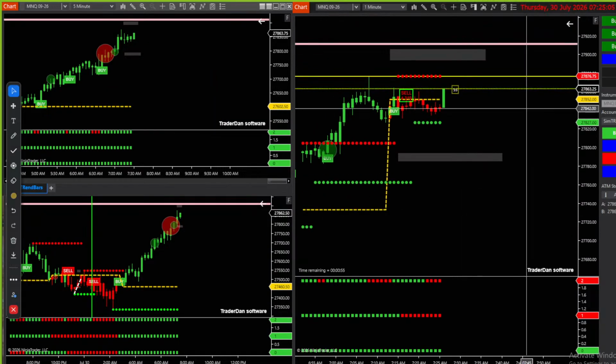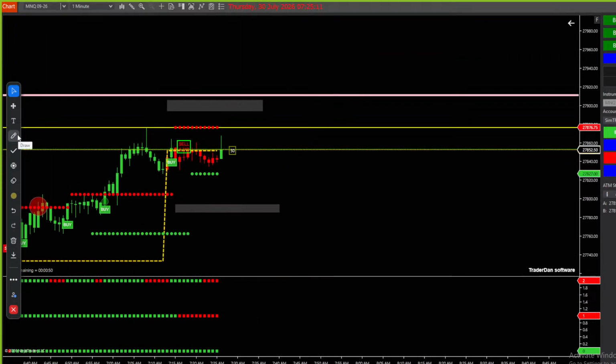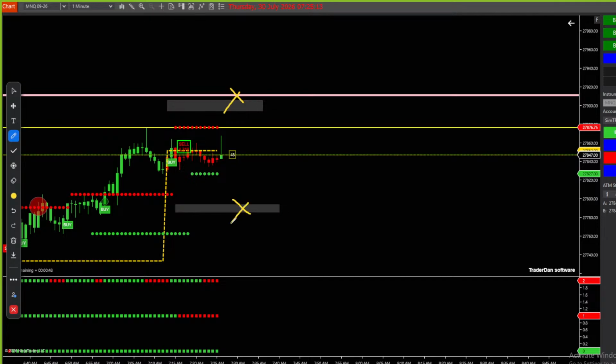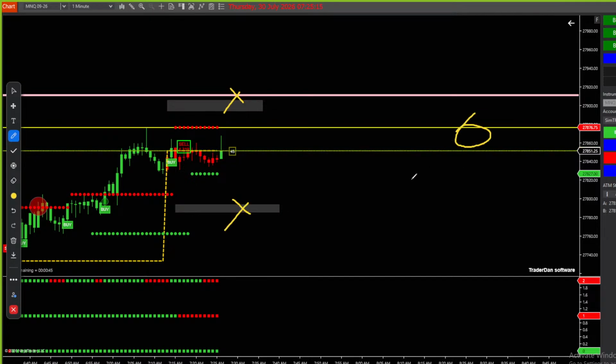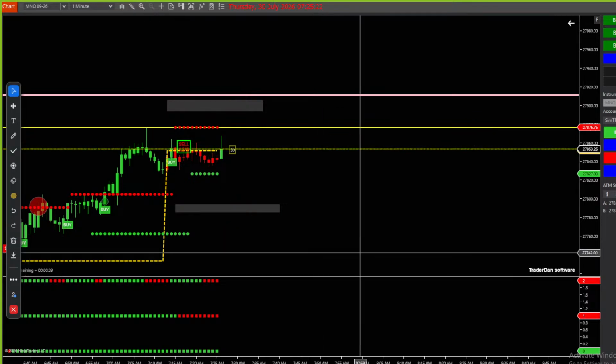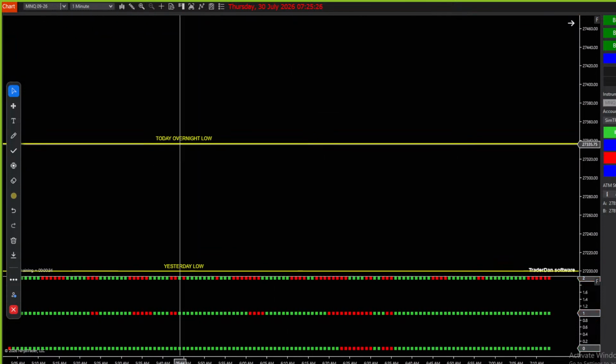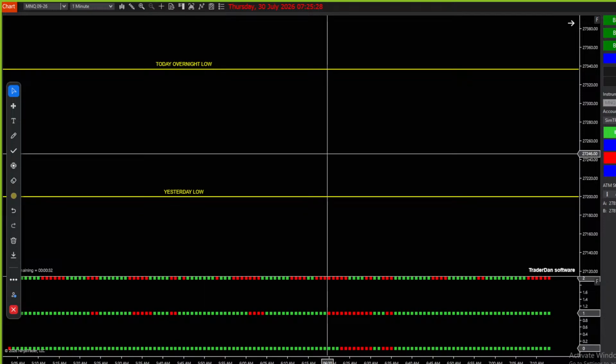All right, let's get started, guys. We got about 5 minutes before the market opens up. This is our swing, the inside swing, breakout swing. This yellow line is the level. That's the overnight session high. That's the morning session high, if you ask me. Down below, we have the overnight low and yesterday's low.